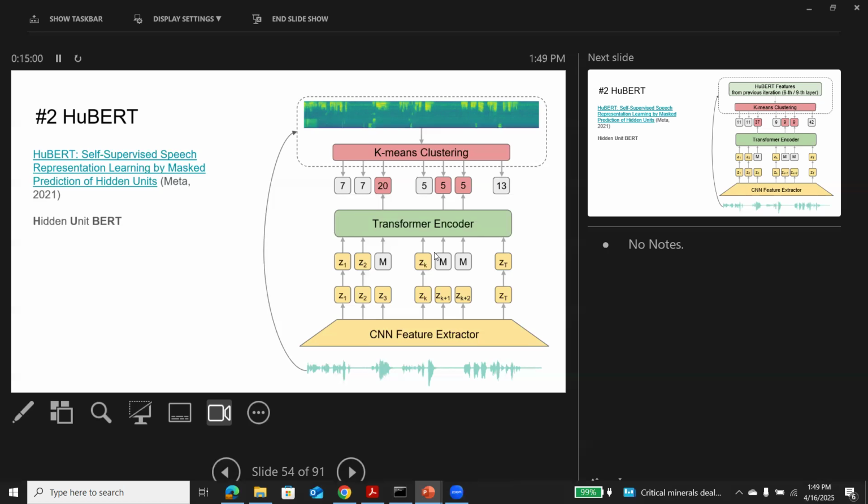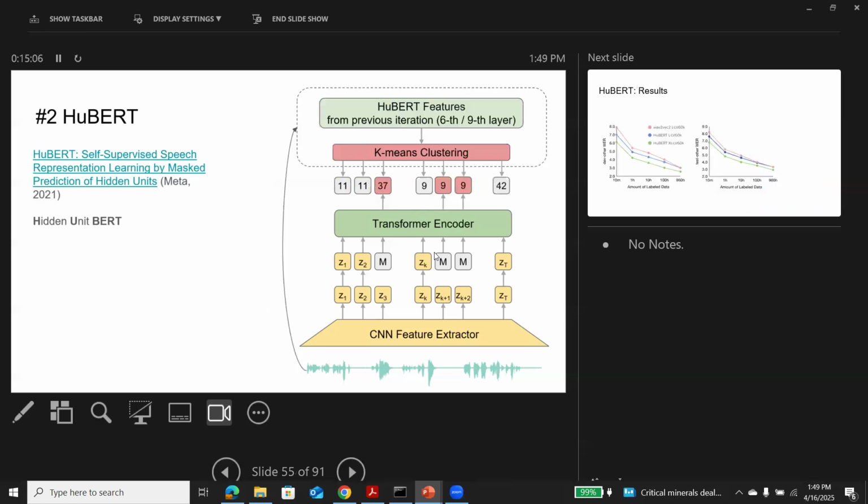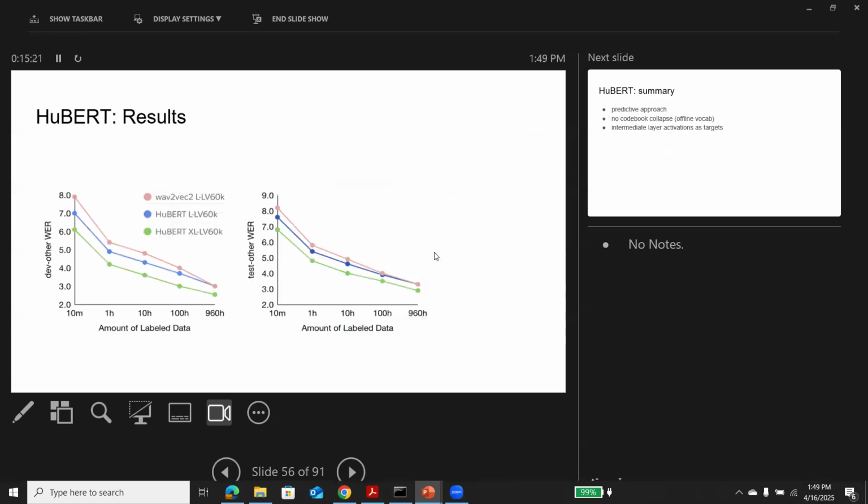Well, there is also one additional trick. They then extracted the 9th layer and continued training not on the clusters, but on the features from the 9th layer. But these are just details.